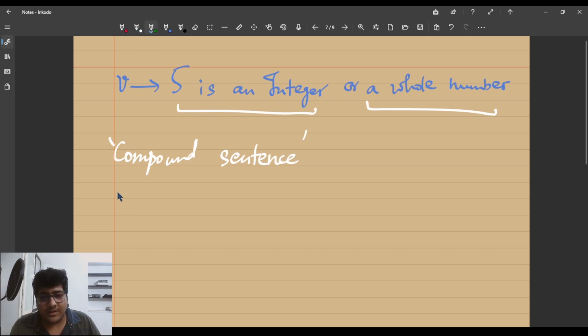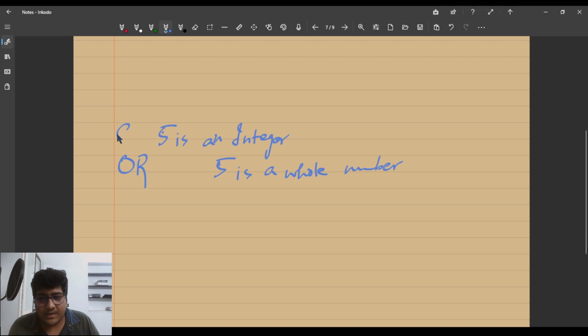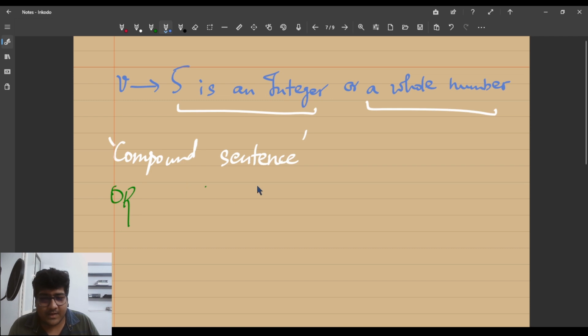So the thing with OR is, when something is connected by OR, let us name these first. I'll call this statement A, or B. So if my statement is A or B, which is also denoted by A ∨ B, this is a symbol.